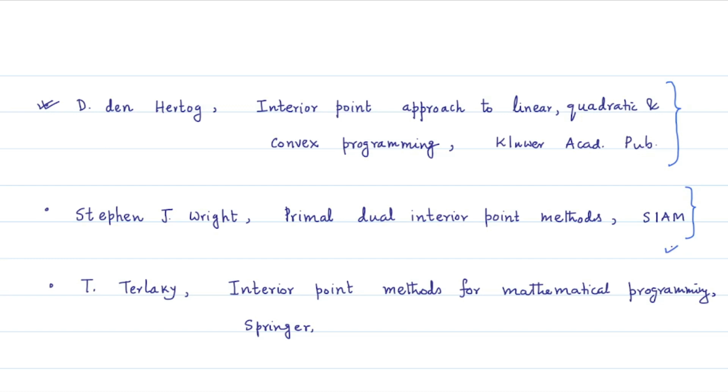And you will find a nicely detailed, rigorous mathematical discussion of the primal dual interior point approach. This book is a completely reference book. Here, all possible variations of the interior point method can be found.